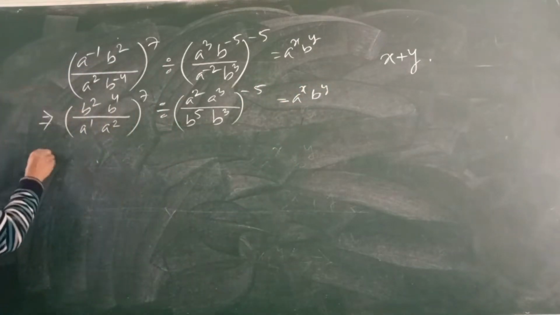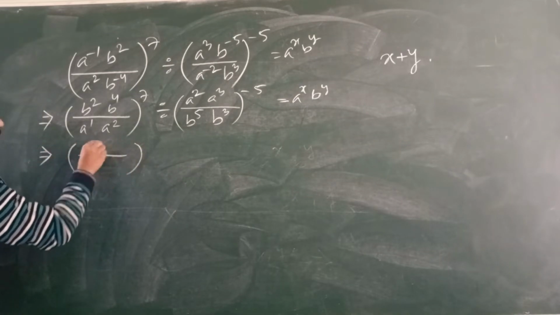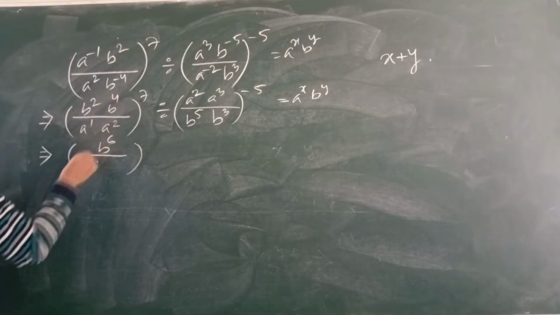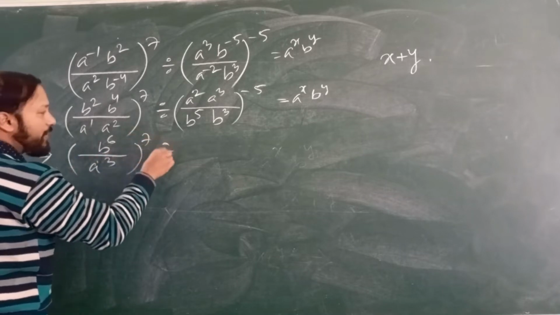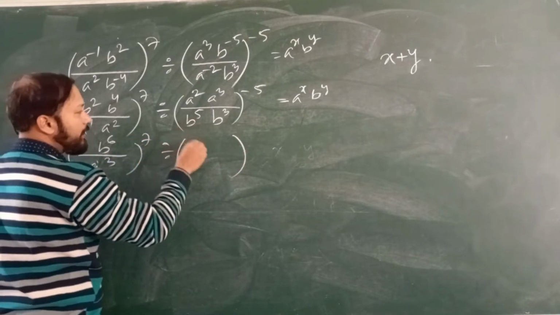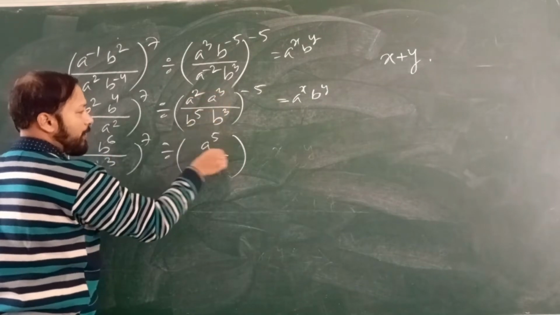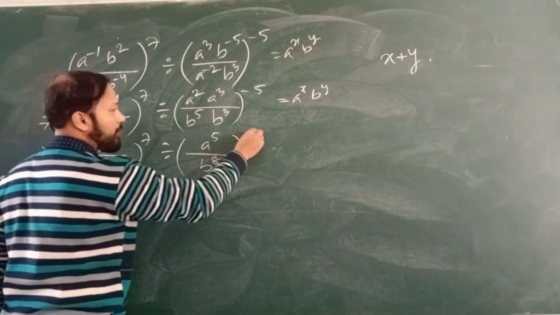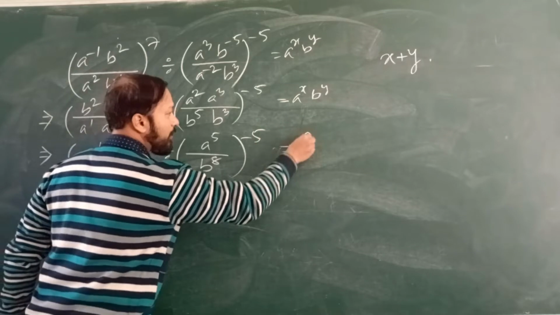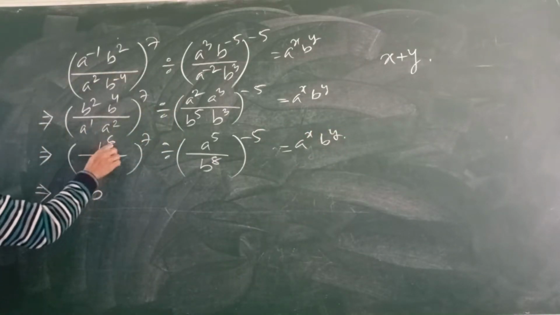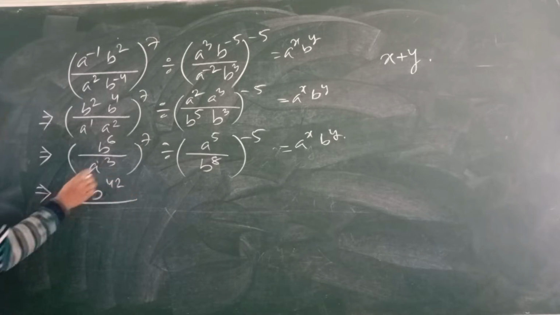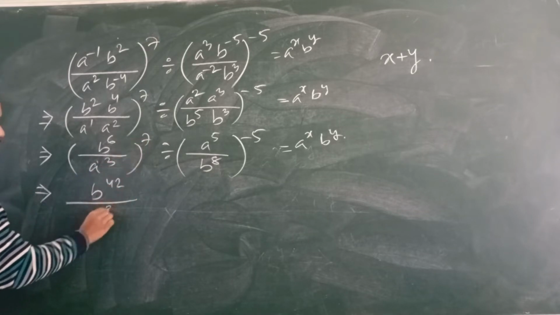Understood? See, 2 plus 4, 6. A to the power 1 plus 2, 3, to the power 7 divided by a to the power 5, b to the power 8. Okay? b to the power 42 by a to the power 21.